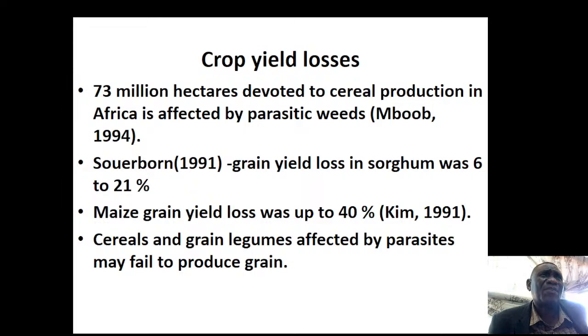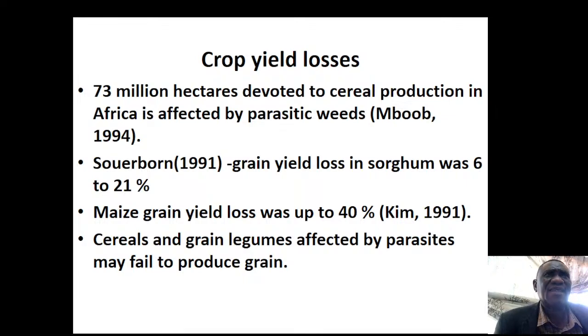This was a report by Mbwaga in 1994. Sauerborn in 1991 estimated a yield loss in sorghum which ranged from 6 to 21%, whereas in maize, the loss went up to 40%, as reported by Kim in 1991.